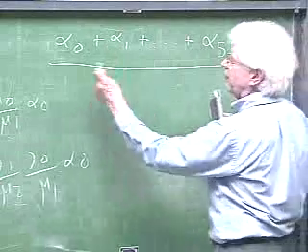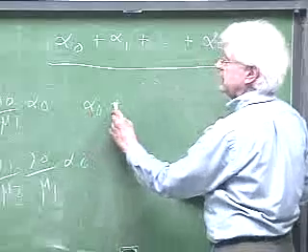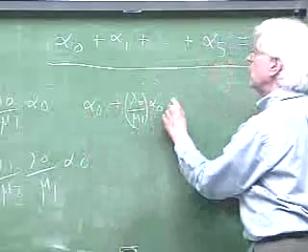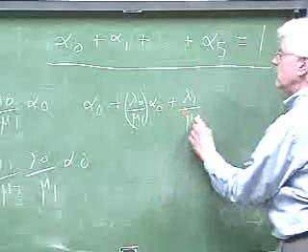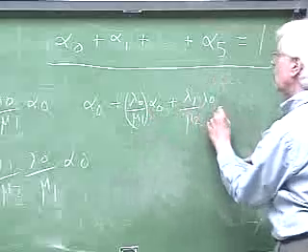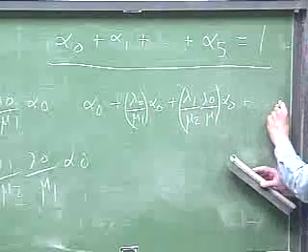So if I write this down, I'm going to get alpha 0 plus lambda 0 over mu 1 alpha 0 plus lambda 0 lambda 1 over mu 1 mu 2 alpha 0 plus, and so on.